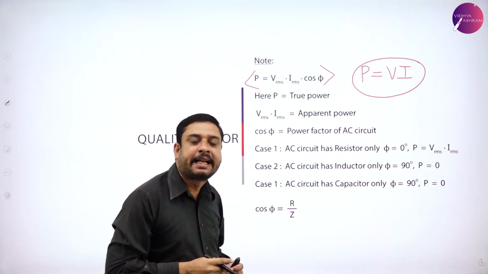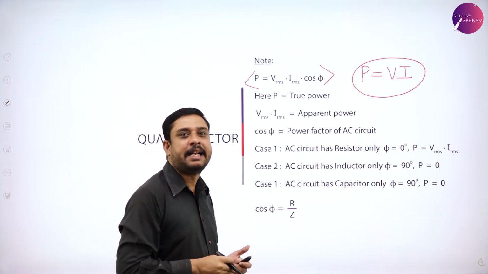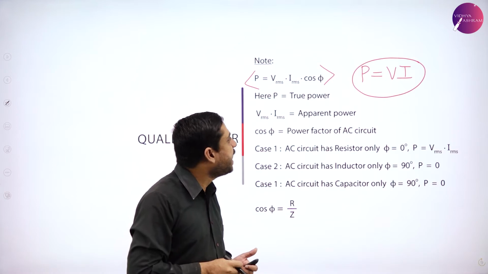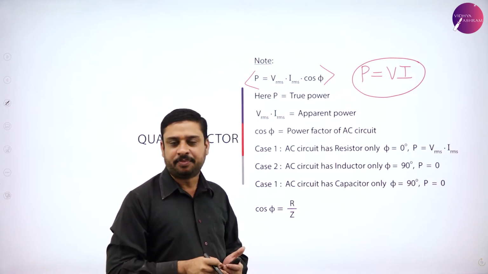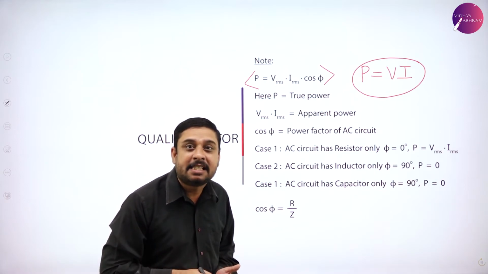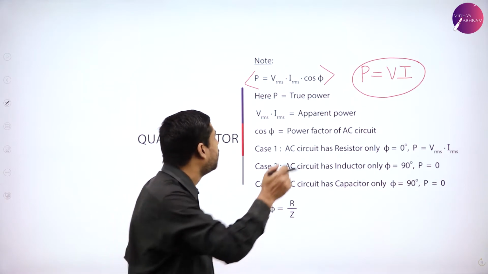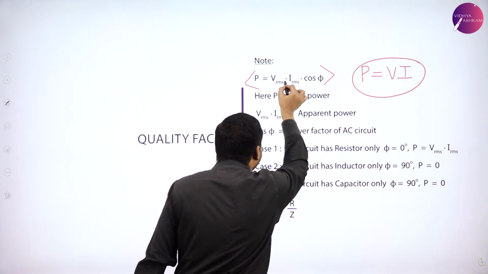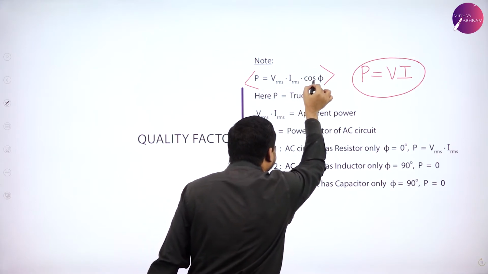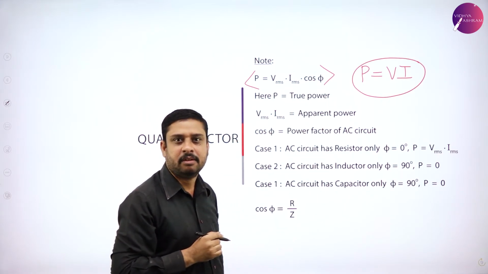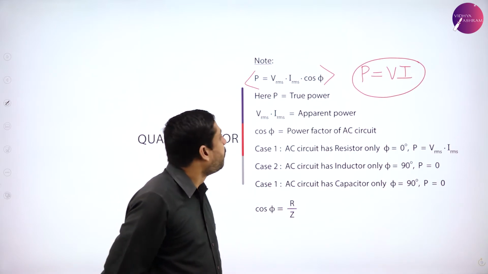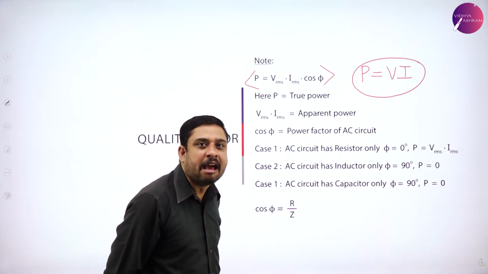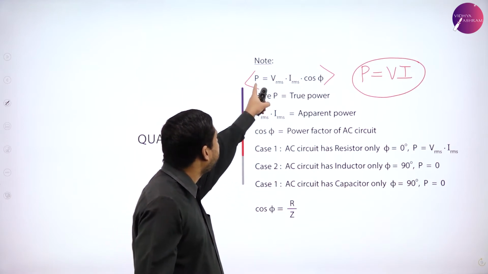When we discussed the electric current chapter, we saw P equals V into I. For a series LCR circuit, power is VRMS into IRMS into cos phi.